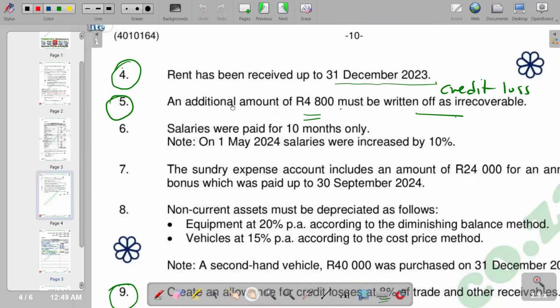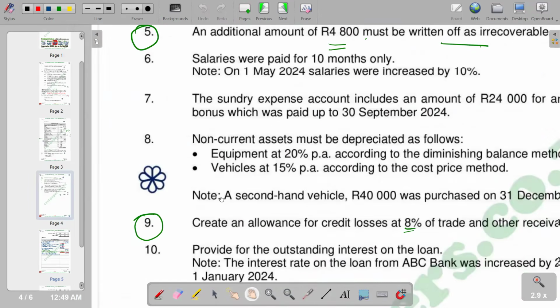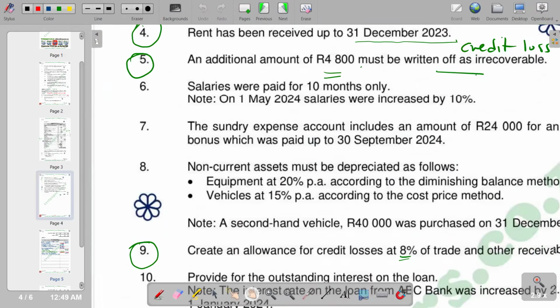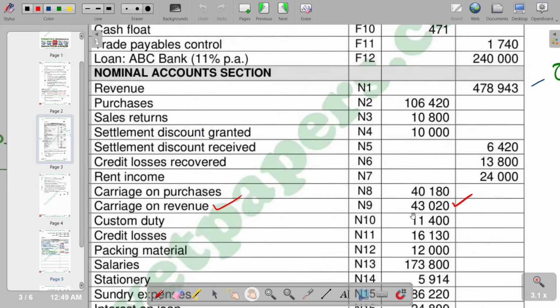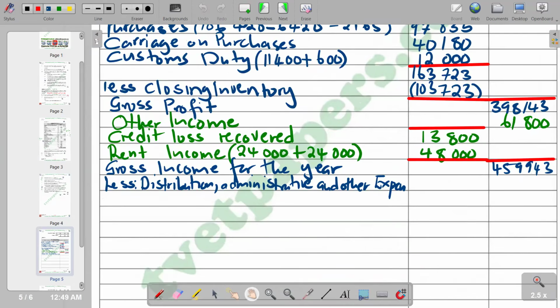But you can see that we are not seeing anything affecting our revenue. So we take the figure as it is, 43,020, and put it here. So we have 43,020. We go for the next one.